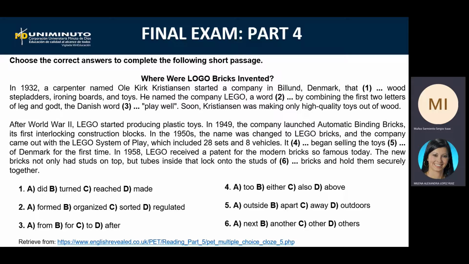Onto the studs of another bricks, and hold them securely together. So we say B, another. Another is used when I have two options, like for example, Sergio and Cesar. Another one enters the class. Another is not possible here. But look at others or other. What do you think?